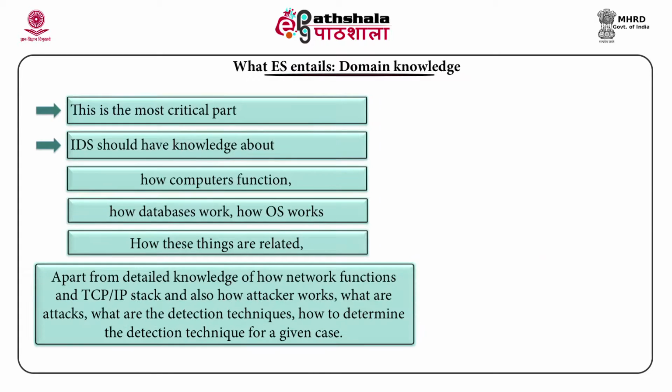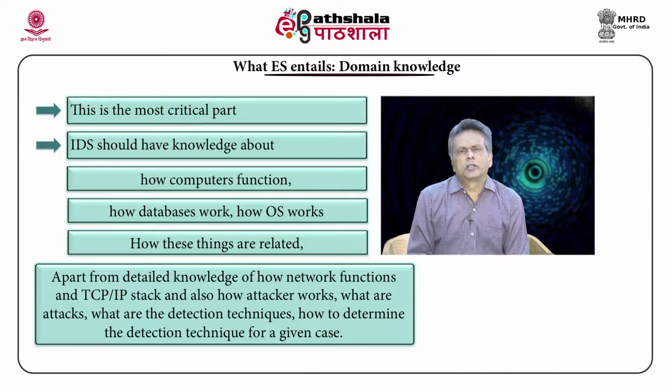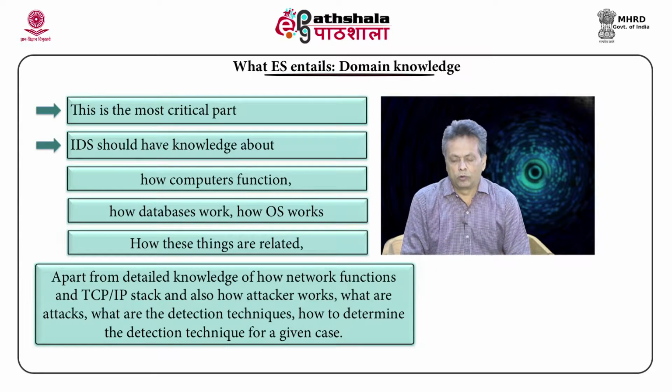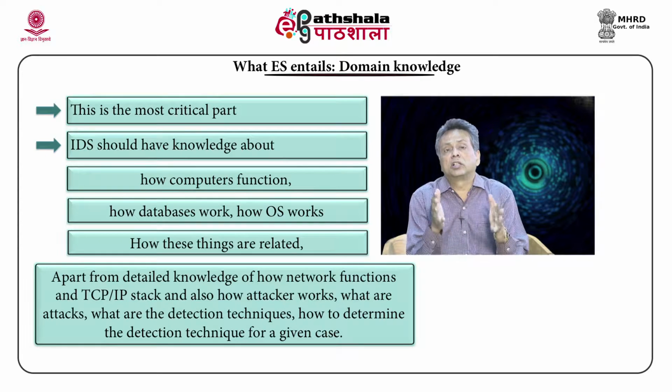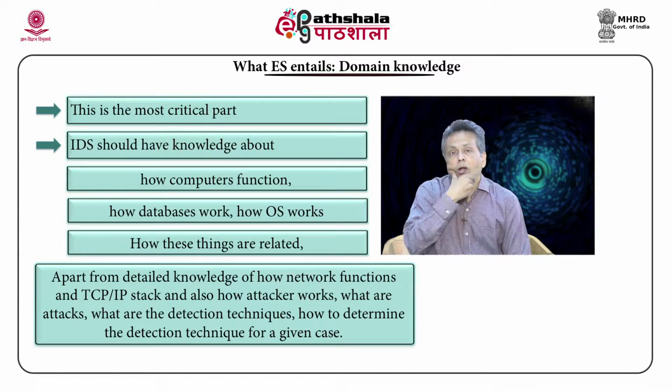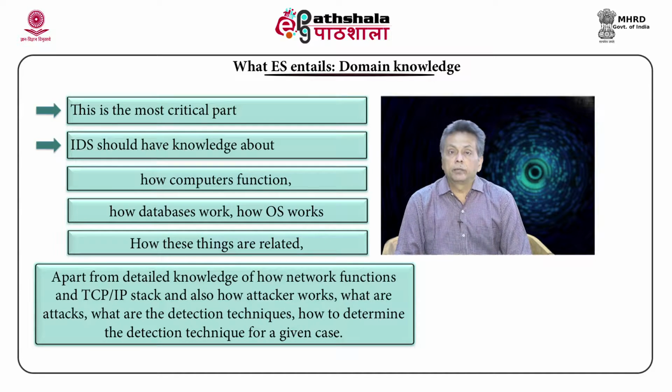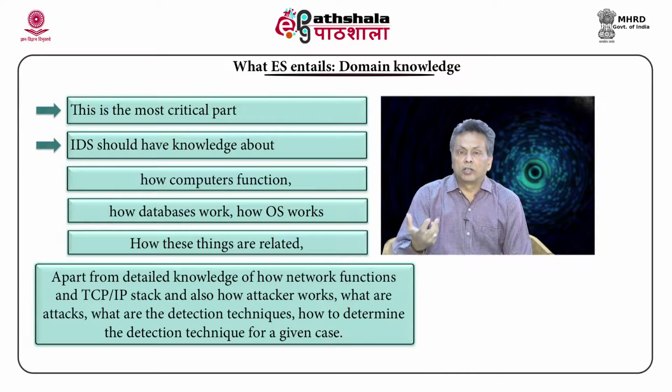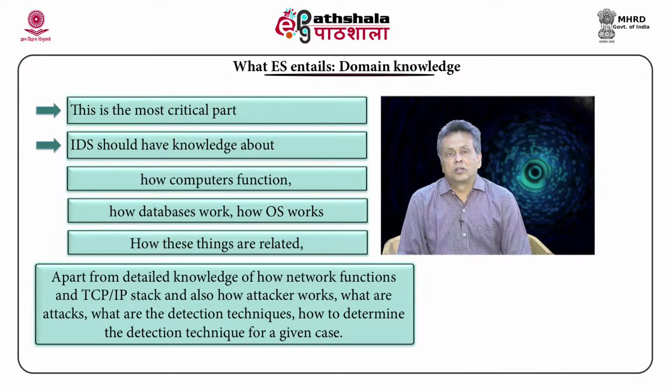But when we talk about this expert system, what should it contain? In fact, is it a normal program or does it have to have something more? It has to have something more, let me tell you. There are a few things which an expert system requires, which probably no commercial system would ever need. One thing is called domain knowledge. For example, you are talking about an intrusion detection system.